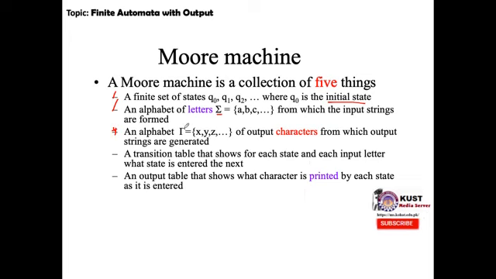Another alphabet, sigma of X, Y, Z. These are labeled with the beginning alphabets and these are labeled with the last alphabets, of output characters from which output strings are generated. A transition table that shows for each state and each input letter what state is entered next. And this is new: an output table that shows what character is printed by each state as it is entered.